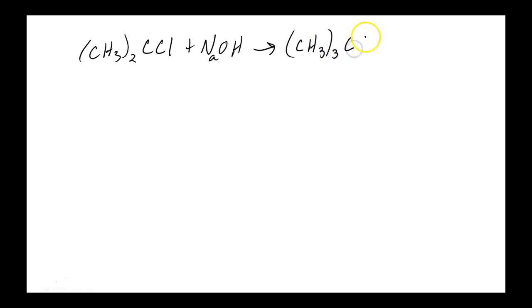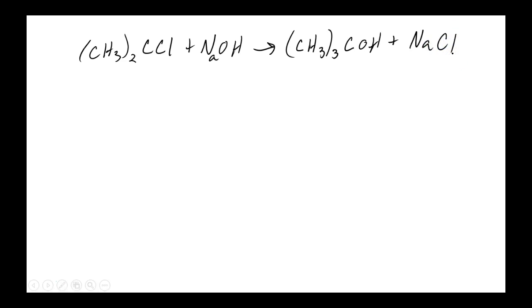CH3 CCl plus NaOH. Sorry, I don't write very well. And they put the arrow one way. Later I'll explain that it can go either way. CH3 COH plus NaCl.